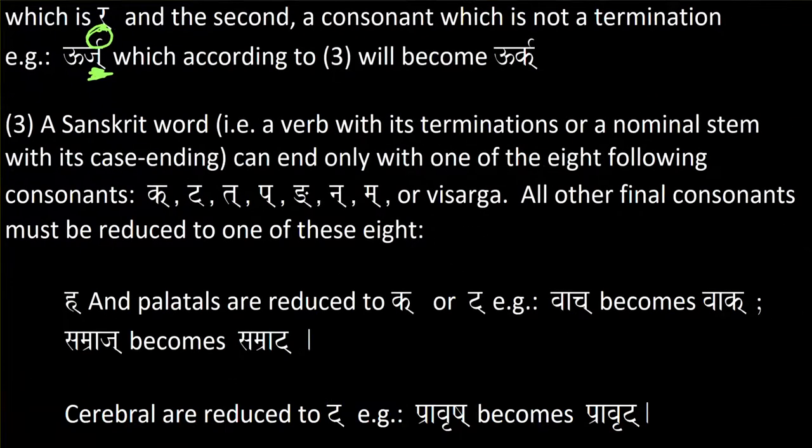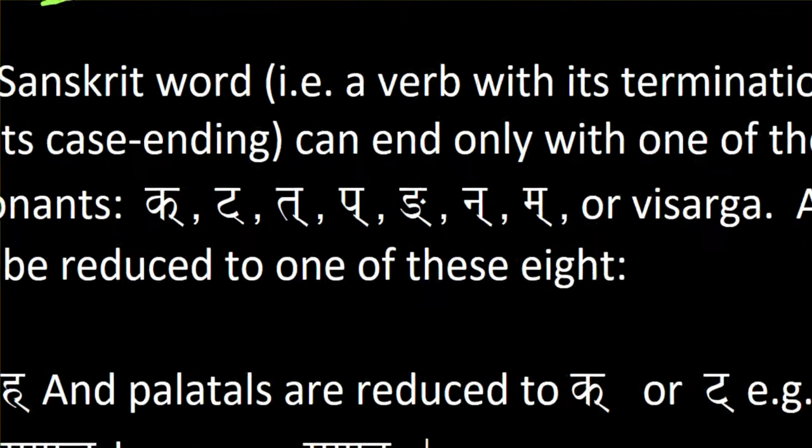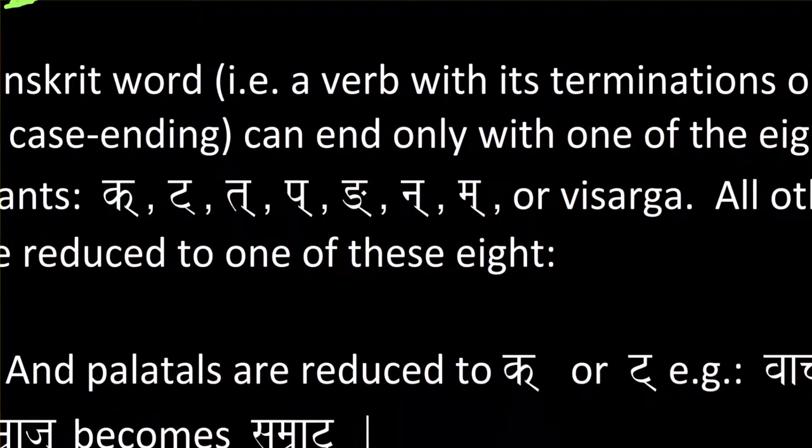A Sanskrit word, meaning a verb with its termination or a nominal stem with its case ending, can end only with one of the eight following consonants: ka, ta, ta, pa, nga, na, ma, or a visarga.